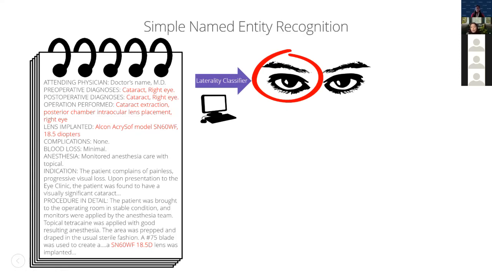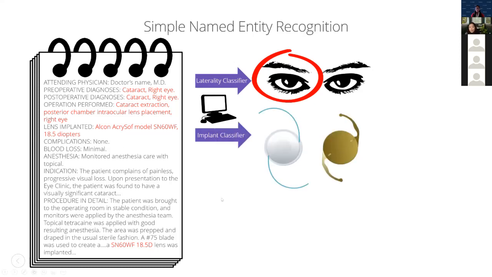And we built a classifier to figure out what kind of implant was used in the surgery, whether it was an intraocular lens implant or a glaucoma implant and what kind, accounting for all the different spellings and so forth, using basically an advanced text searching method called regular expressions. And then validated all of this with manual annotation.